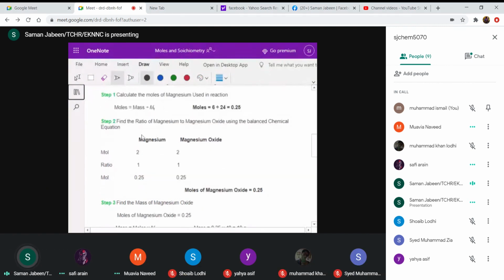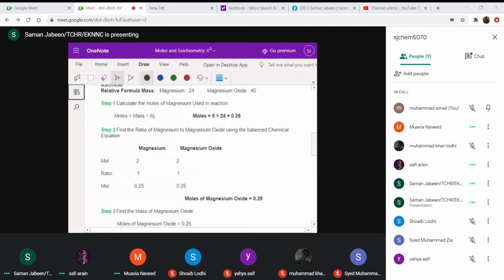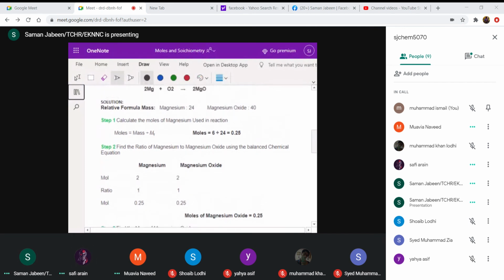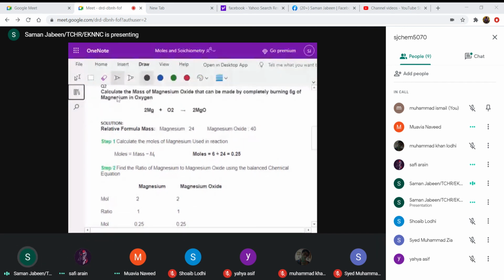Next is the mole ratio by using the balanced equation. We have to calculate the magnesium oxide mass. So magnesium oxide is unknown and magnesium grams is given, so magnesium is known, isn't it? Yes. So we will write the molar ratio, known and unknown.